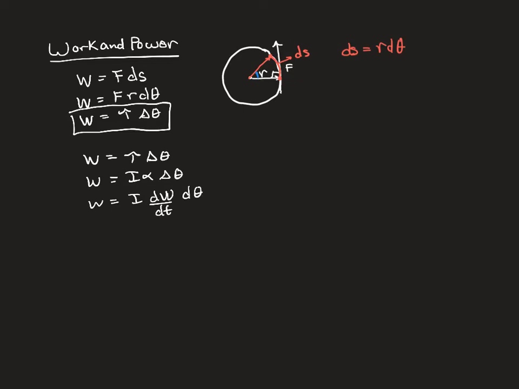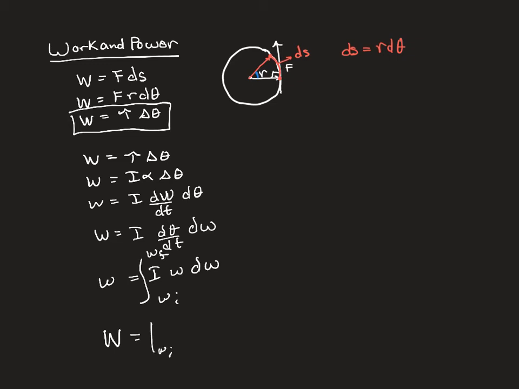So I'm going to do a little bit of a switcheroo here. And remember that d theta dt is the same thing as the angular velocity. So now I can integrate from initial velocity to final velocity. And that gets me that my work is going to equal, I need to evaluate from initial to final.